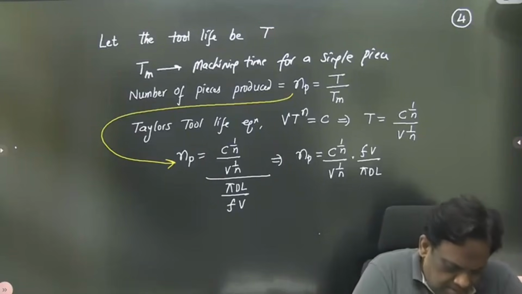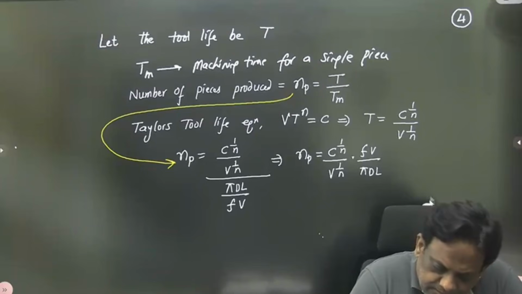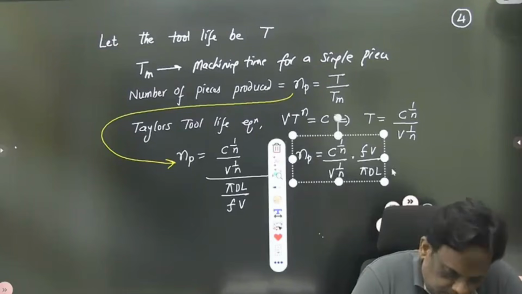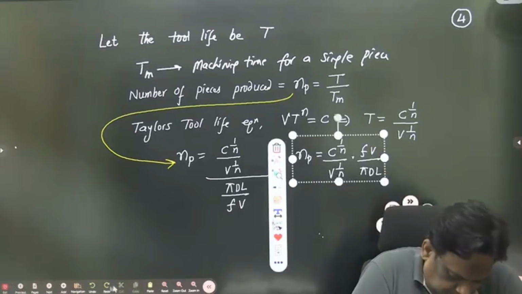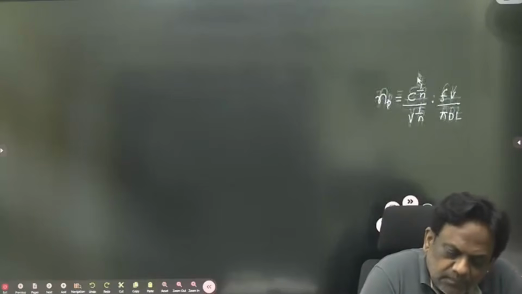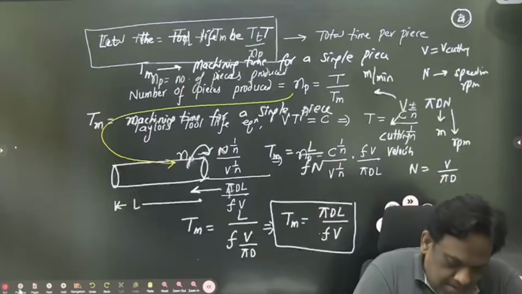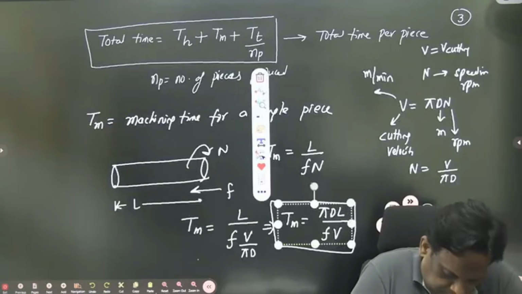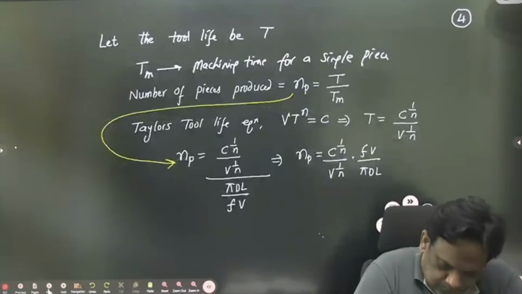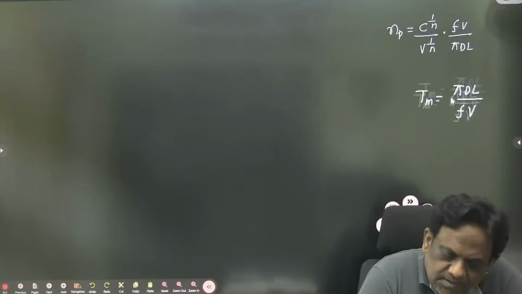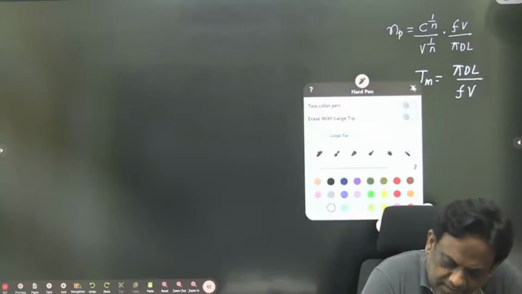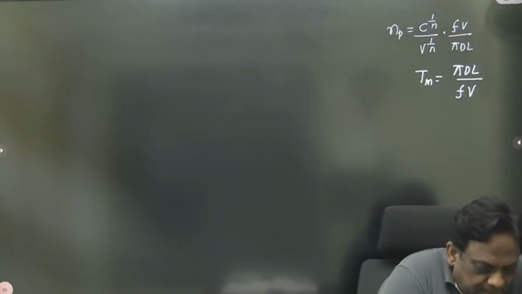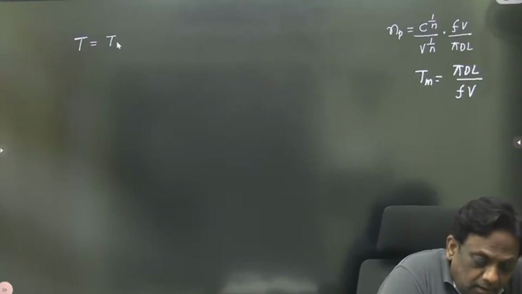अब देखो, so I will take this. This is NP. And this is the machining time. And you know, the total time is given by the part handling time.